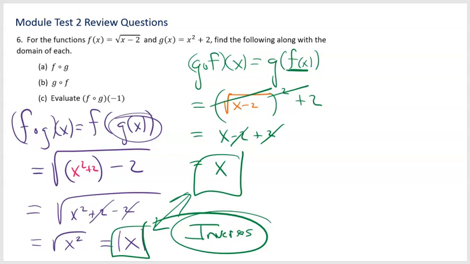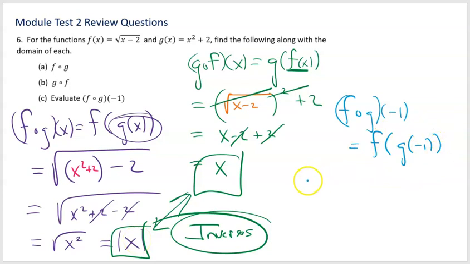And then for part C, I ask you to calculate F composite G of negative 1. Now what that means is calculate F of G of negative 1. Now you could just plug negative 1 into F composite G, which is right here. If I plug negative 1 in for X, I get negative 1, right? Unless I have the absolute values around it, and that's where it gets a little bit weird. But let's just do this calculation.